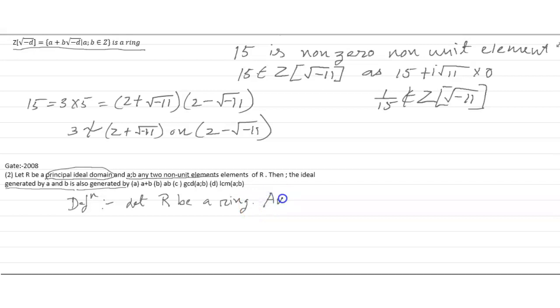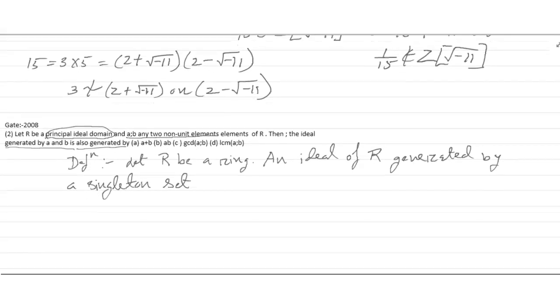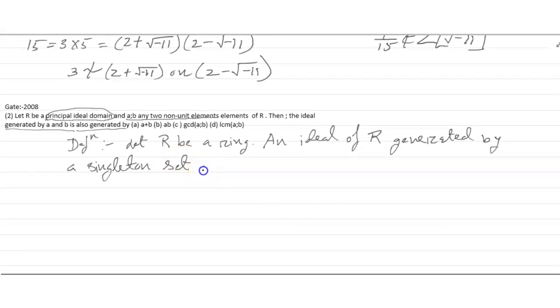An ideal of R generated by a singleton set is called a principal ideal.